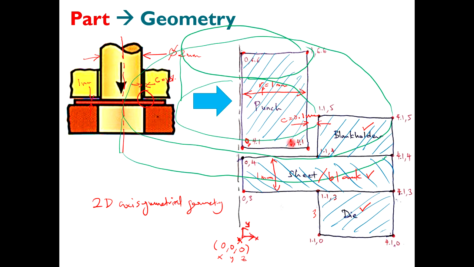But why do we start from 4.1? The reason is we want to introduce a very small gap before the punch makes contact with the sheet. In every LS-DYNA simulation, or in every finite element simulation, it's always like this.